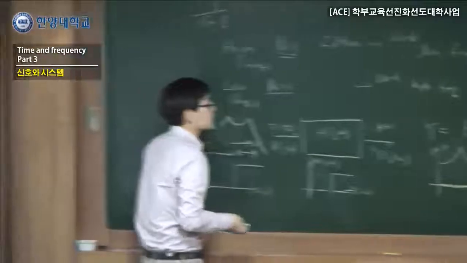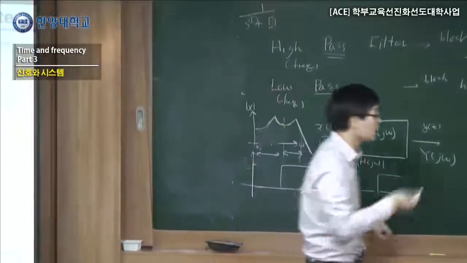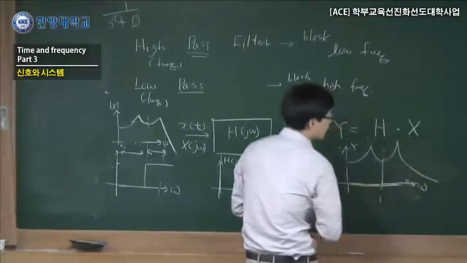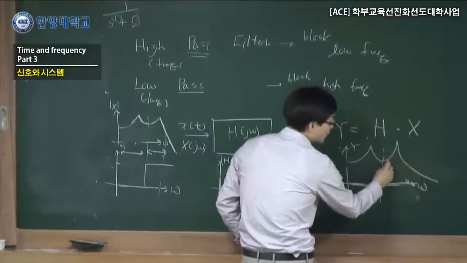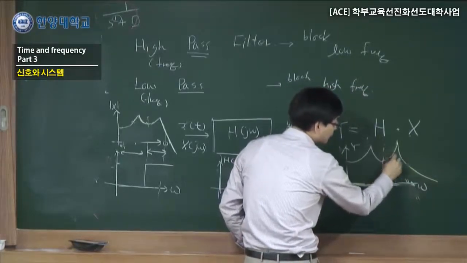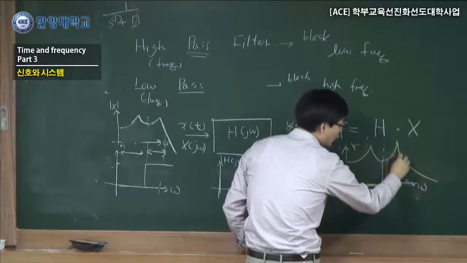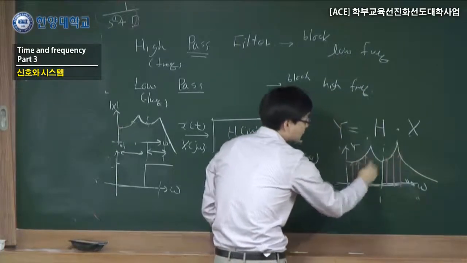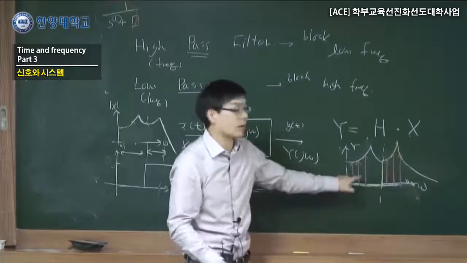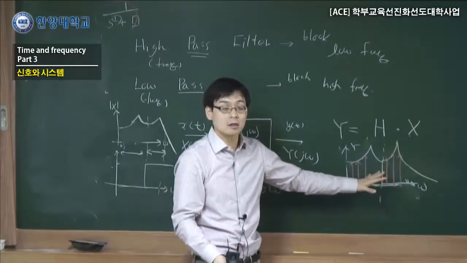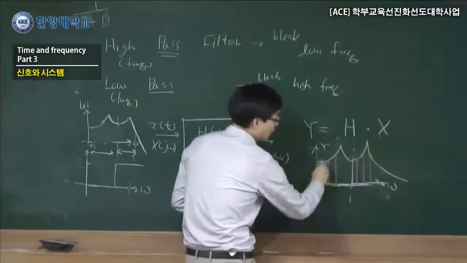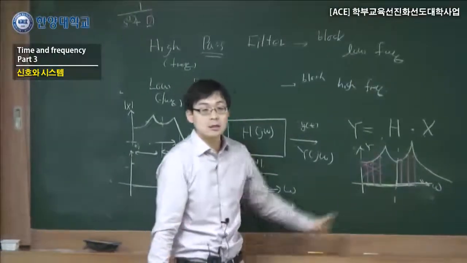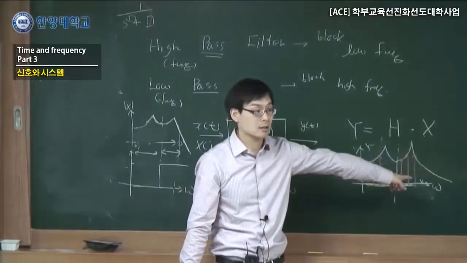So what's the meaning of this graph in frequency domain? Let's do a similar analogy to what you have done before. Say that we initially, X has the frequency component everywhere, right? Now, this one cannot pass. This one can pass.